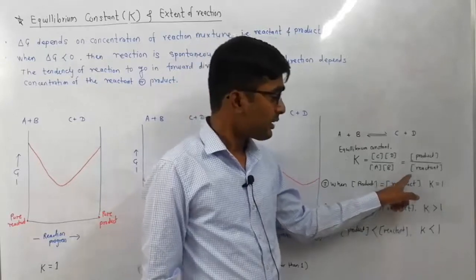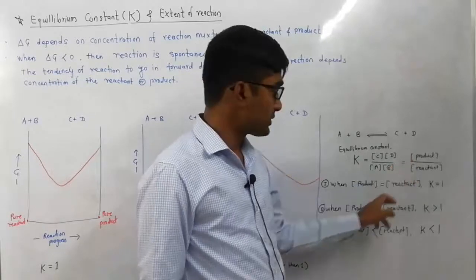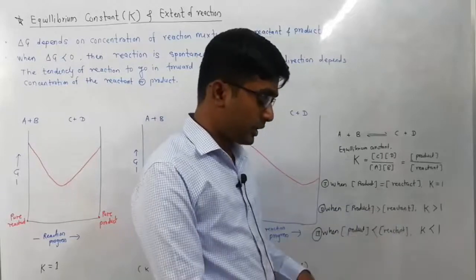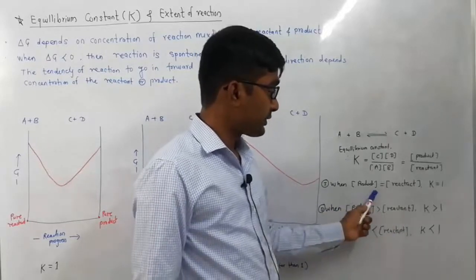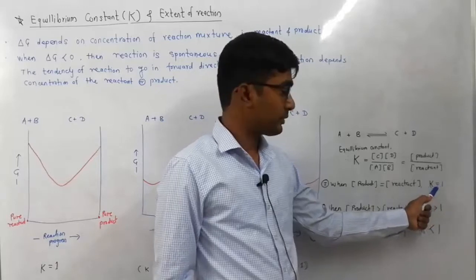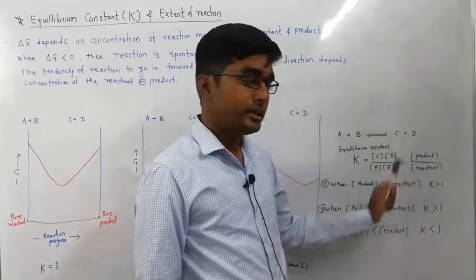Now, when the concentration of product and the concentration of reactant are both equal, then our capital K is equal to 1. It means the equilibrium constant value is equal to 1 because both are the same.